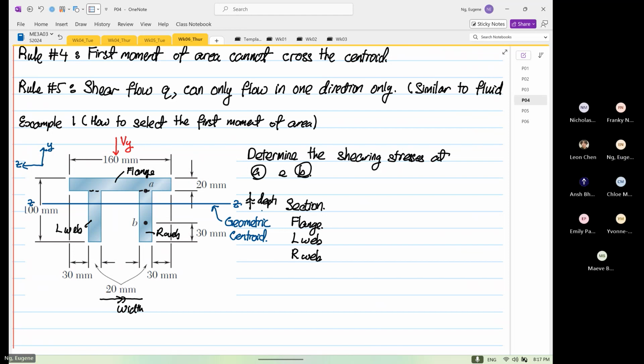And we are going to take our reference point from the top for our Y bar. So we will have our width and depth. The width is 160. The depth is 20. Right. So 160 times 20 is 3200.